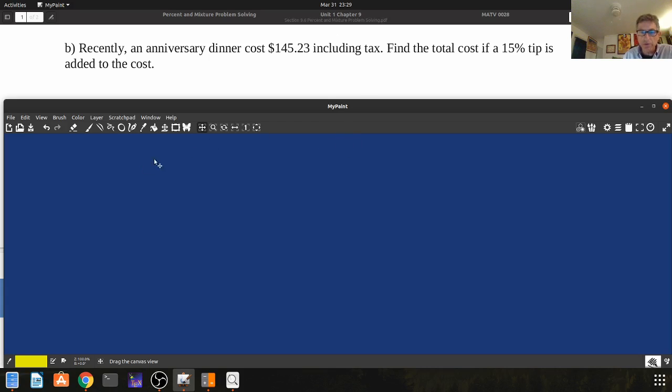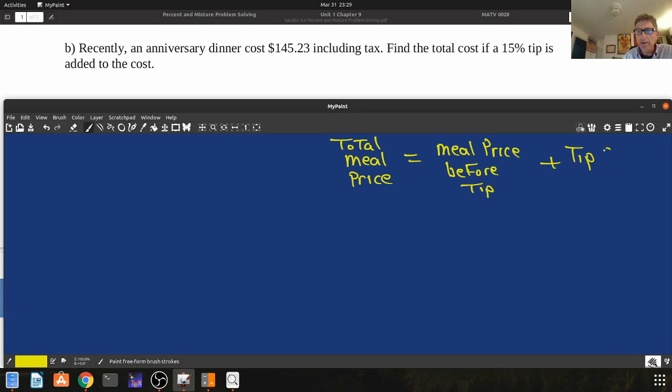So the total meal price is equal to meal price before tip plus tip amount. That's just common knowledge. It's a common sense equation.